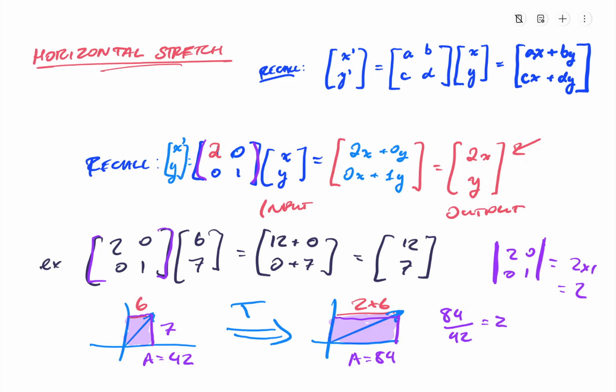A horizontal stretch is defined as a transformation with an identity matrix, however we have changed the first number in the first row to be t. So t will have an effect on this and stretch it horizontally.